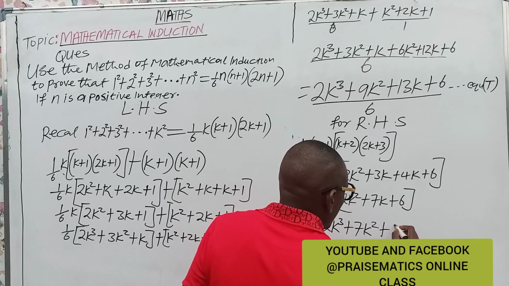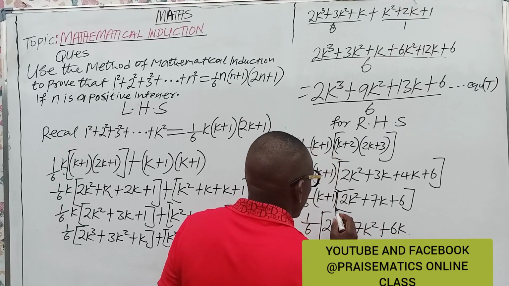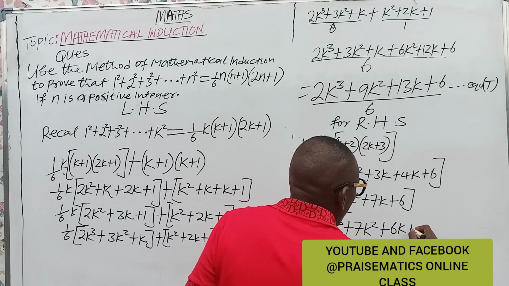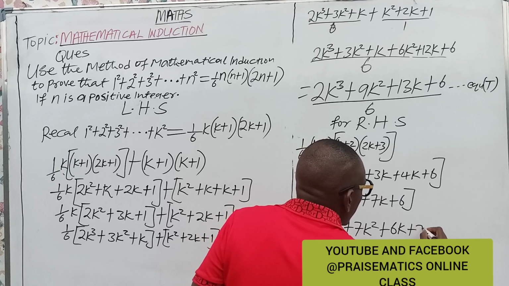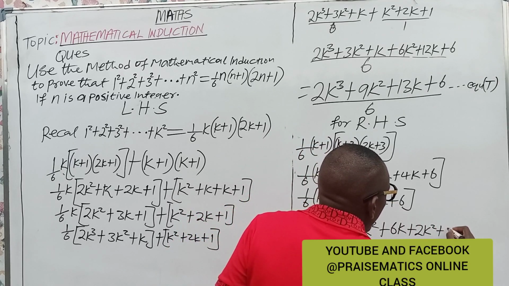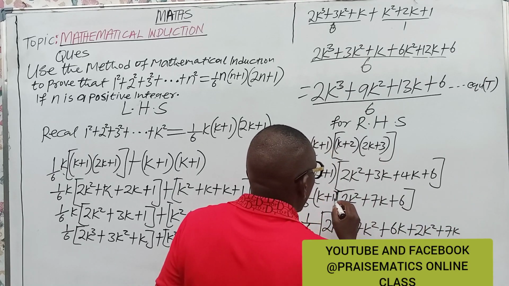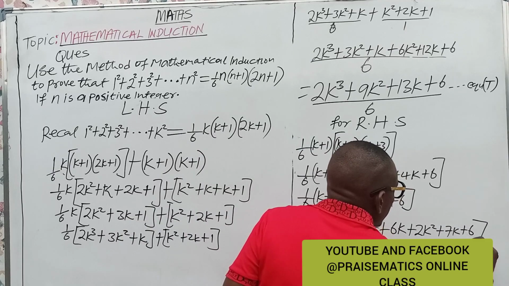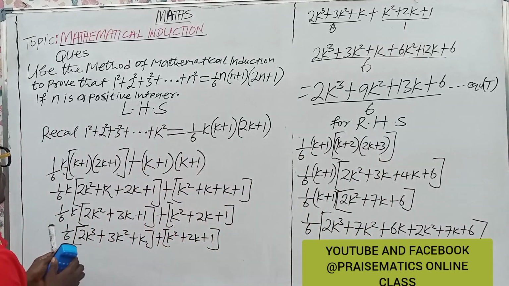K times 6 is 6k. Now 1 times 2k squared is 2k squared. 1 times 7k is 7k. 1 times 6 is 6. Okay, from that side.